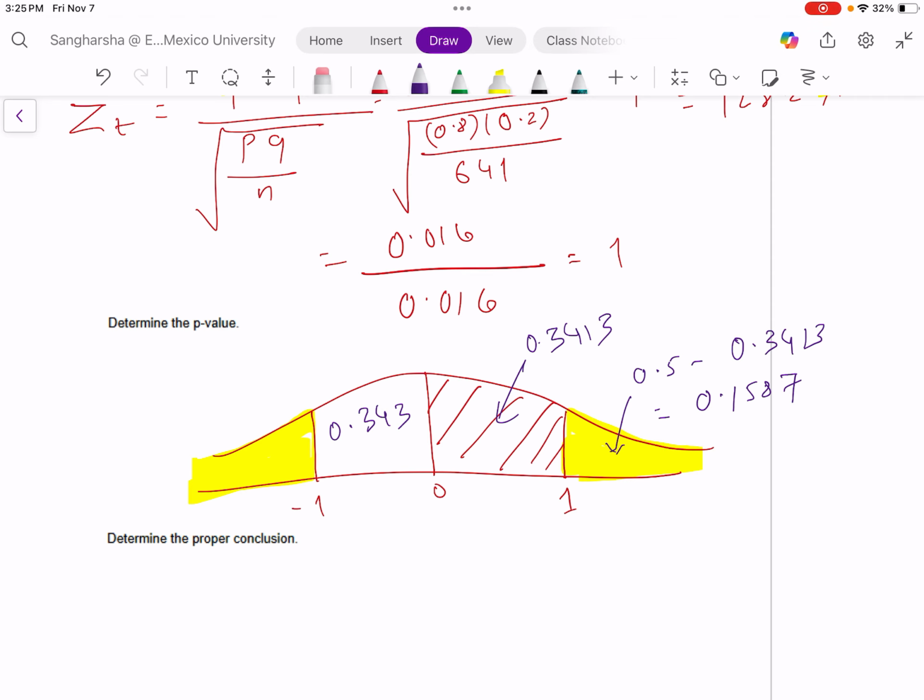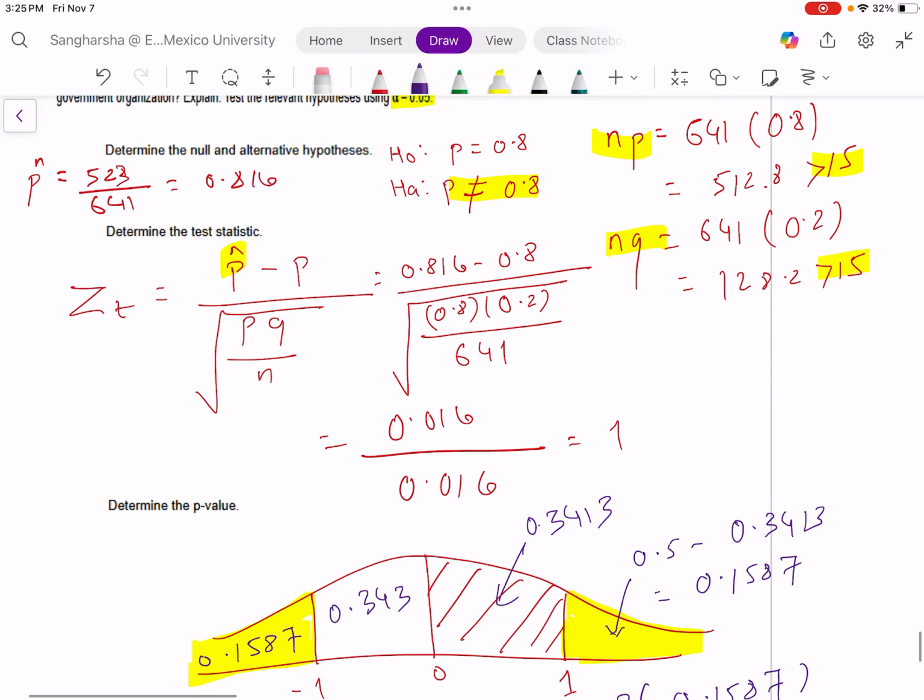Our p-value would be 2 times 0.1587, which equals 0.3174.